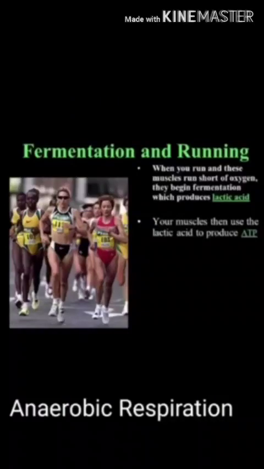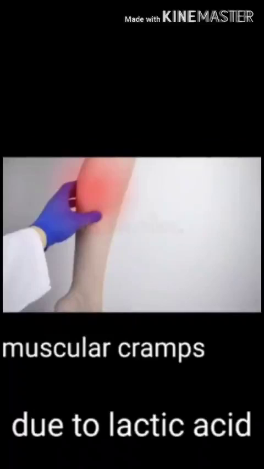And the accumulation of lactic acid in the body causes muscular cramps. That's why sometimes we have cramps after heavy exercise. You might have felt it. And we can get relief from these cramps by massaging the affected part or by having a hot water bath.